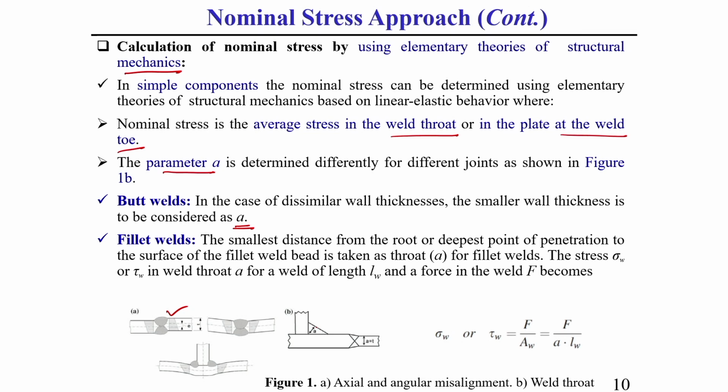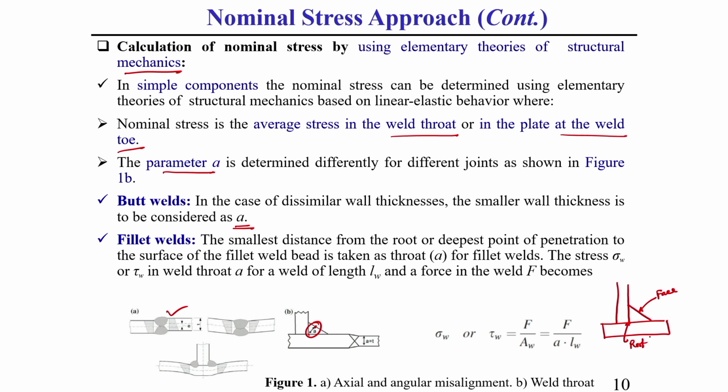Now for fillet types of weld joint, A is considered as the distance from the root of the weld to the face of the weld, that means the minimum distance between root and face of the weld. We know what root is and what face is; I have already told you in the case of fillet weld, this is generally called the face of the fillet weld, and this is called the joint root.